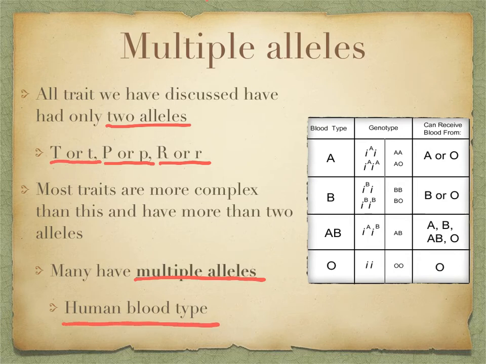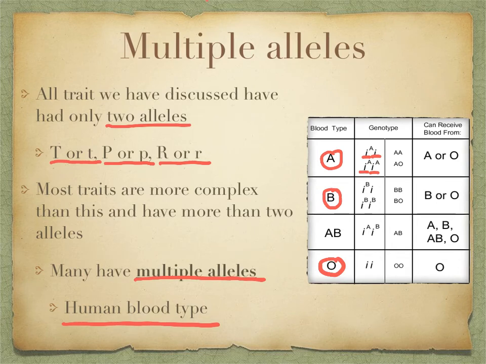So for human blood type, you'll have either an A antigen, a B antigen, or no antigen at all, which is called O. This is multi-allelic, but it's also a codominant trait. So if you're blood type A, you could be IA-i, or IA-IA.